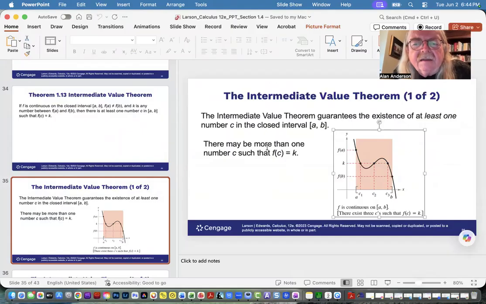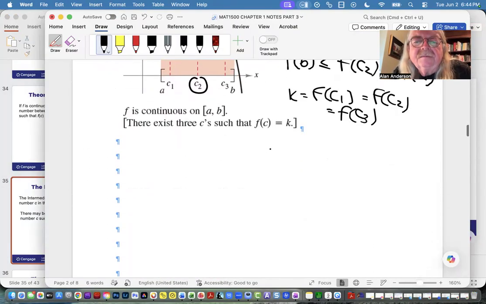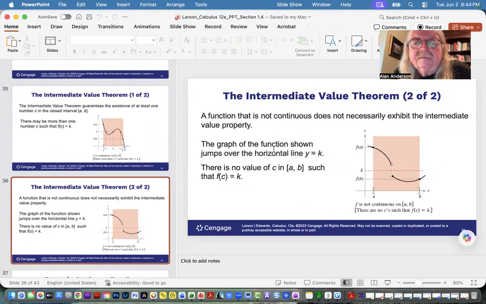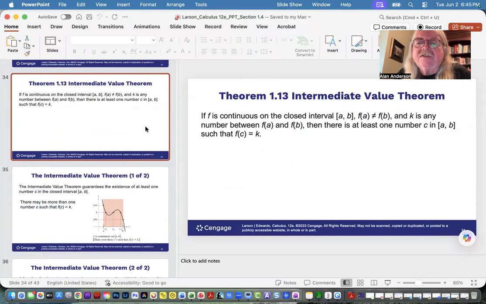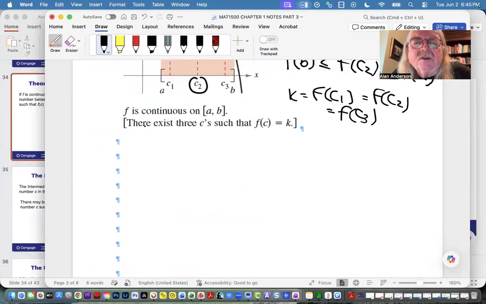But anyway, that's what it's telling us. Well, actually, no, it doesn't guarantee that. That just happens to be in this case. Now that I'm looking at it, because it's a cubic function of some kind, that's why there's three of them. But in my example, that wasn't true.